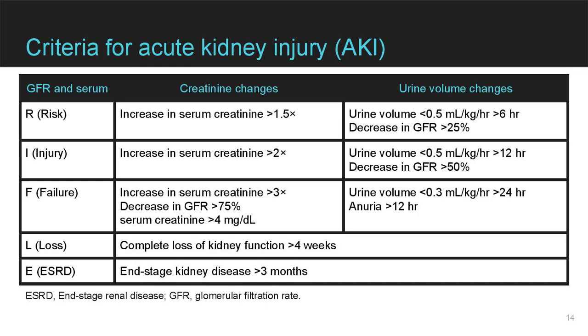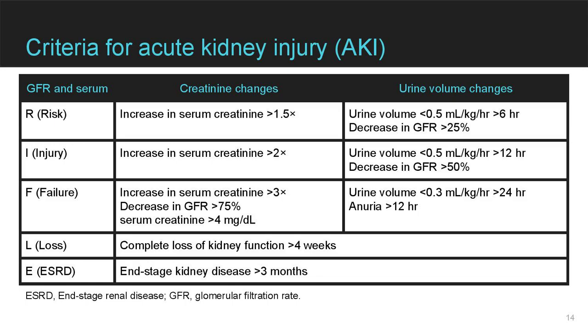An increase in serum creatinine 1.5 times means a risk factor, or the first stage of kidney failure. The second stage, or injury, is an increase in serum creatinine 2 times, more than 2 times. The third stage of kidney damage is an increase in serum creatinine 3 times.